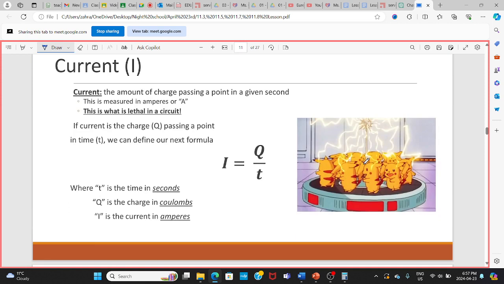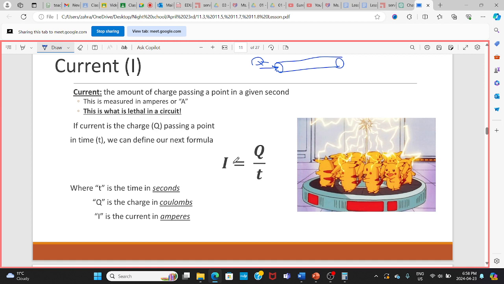So that's the power. Now, this is the definition of current. Current is the amount of charge passing a point in a given second. If you think about a wire, the amount of charge passing through the wire, the Q, over the interval of time will give you the current.